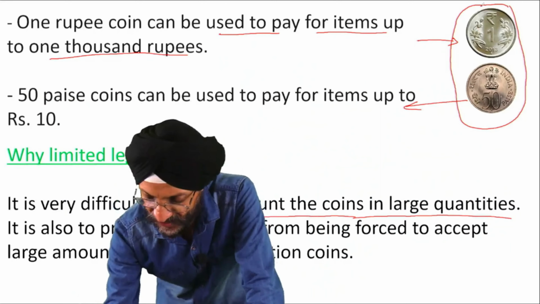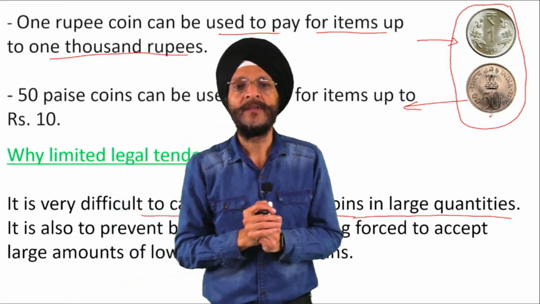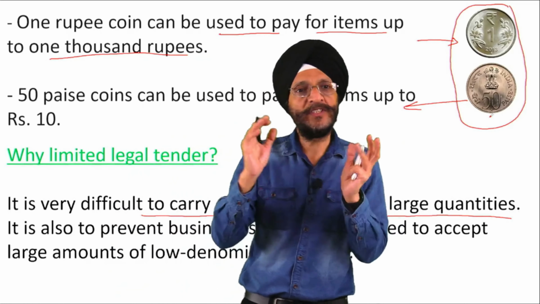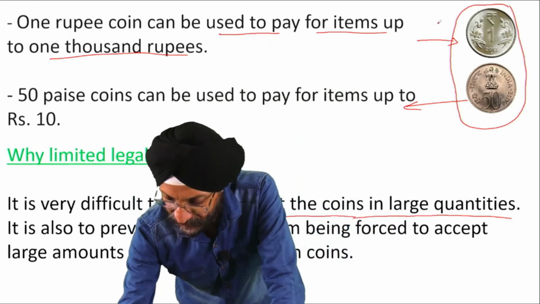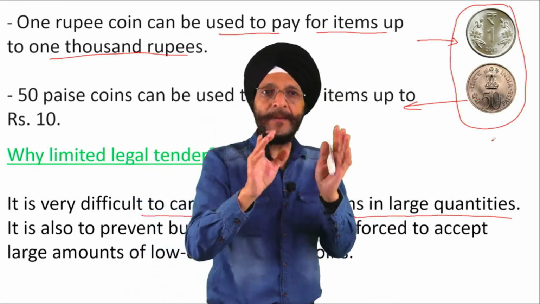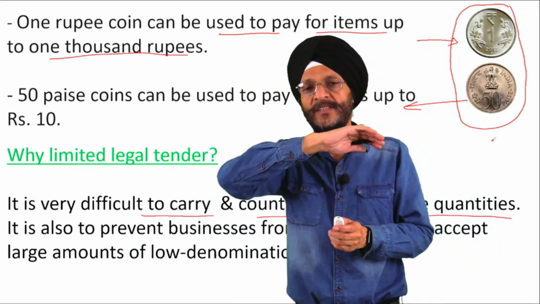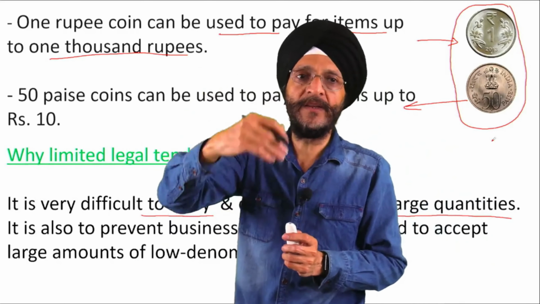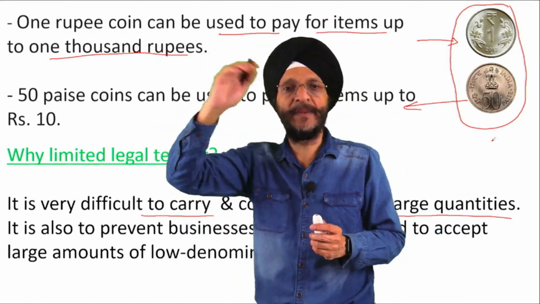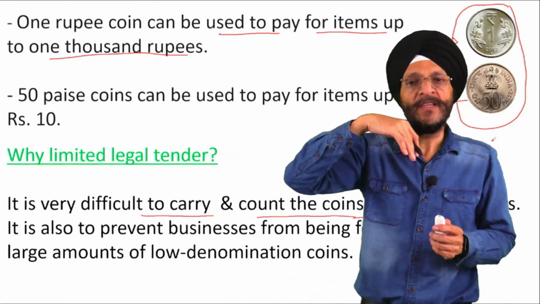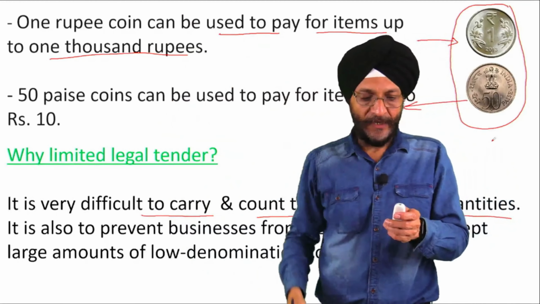So to avoid such type of scenario, the government of India or the central bank has classified these coins as limited legal tender. That is, beyond a certain amount, these coins will not remain legal tender, and the seller may refuse to accept the same above a particular limit.